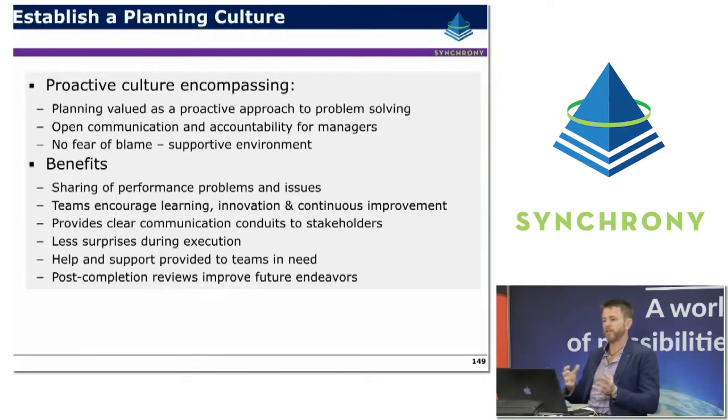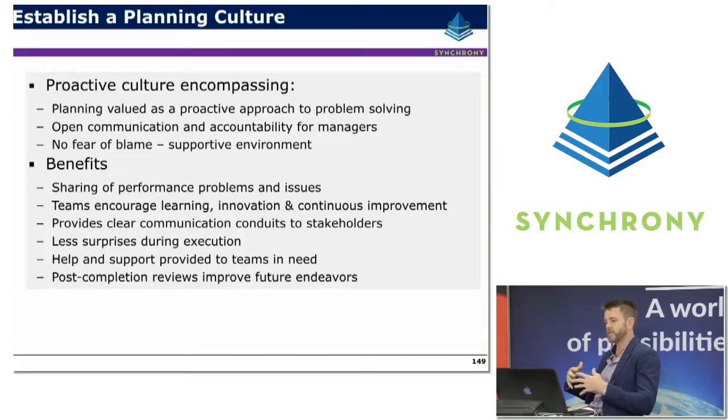It encourages open communication and accountability for managers. There might be a perception from managers that they're going to be suddenly subject to more scrutiny than normal. So it's really important to establish a culture where performance problems are identified as opportunities to help each other, to support the project and to solve problems.